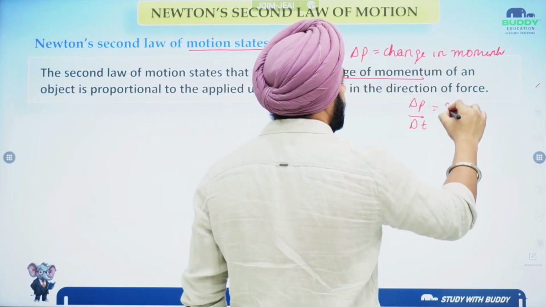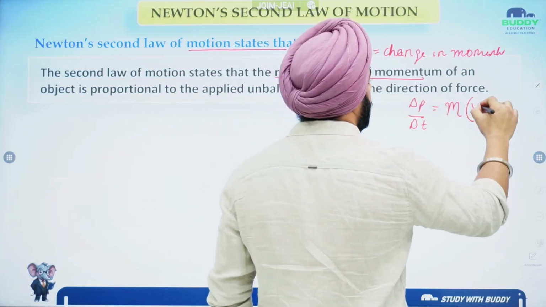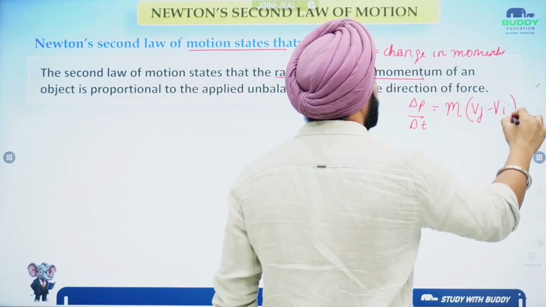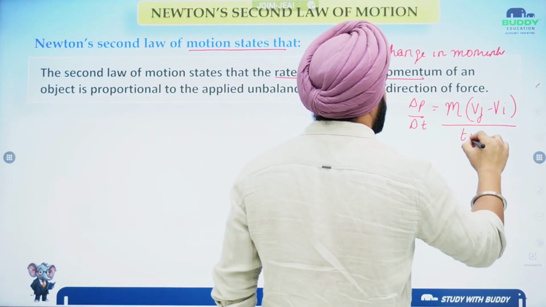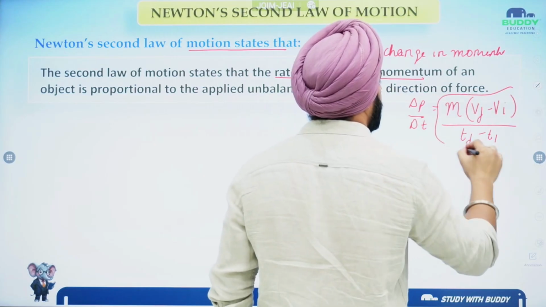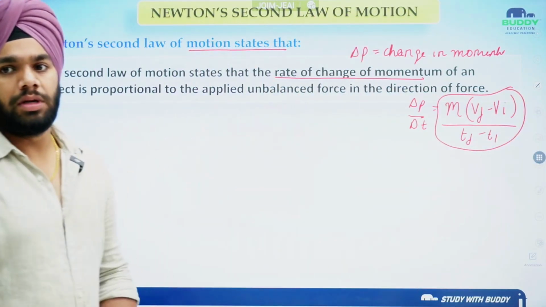Mass is constant, so it is mass times V final minus V initial upon T final minus T initial. This is the rate of change of momentum that we were talking about.